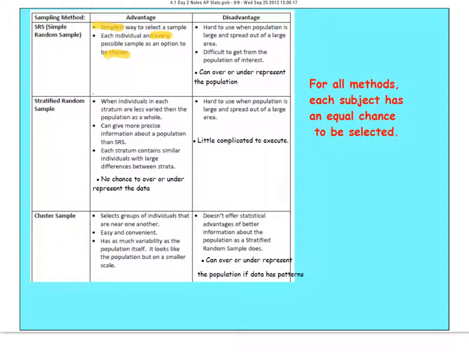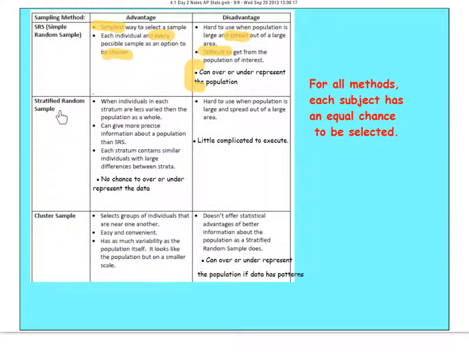Now, the disadvantages of that: it's hard to actually use this when the population is really spread out over a large area. And it's also difficult to get from the population of interest because you have to move around all over. And because it's difficult to get, you may end up over or underrepresenting your current population.